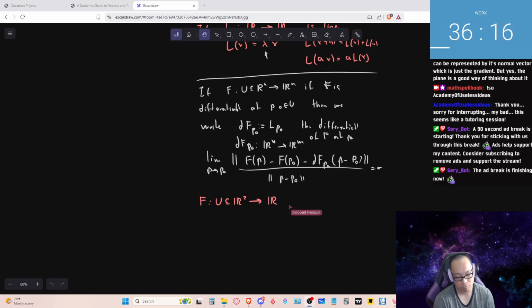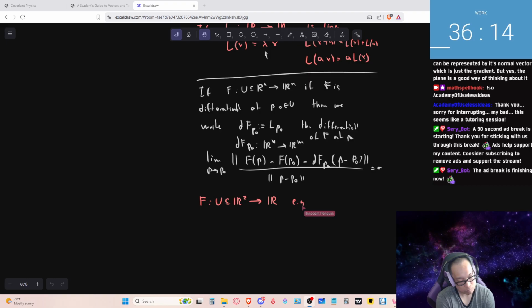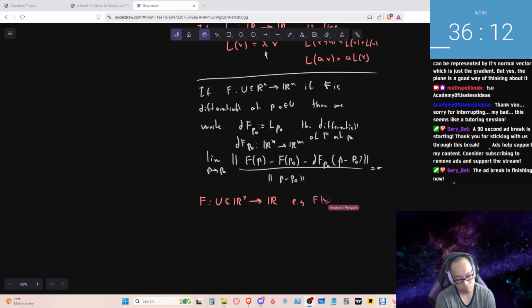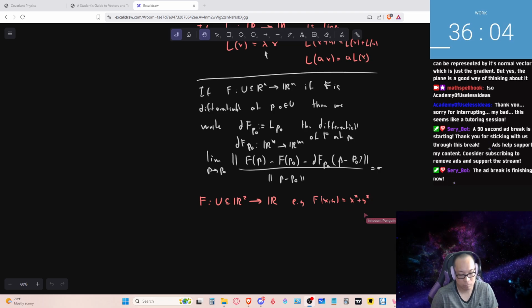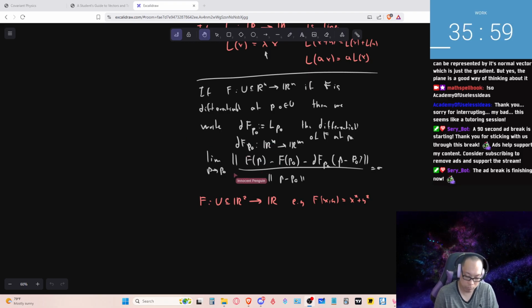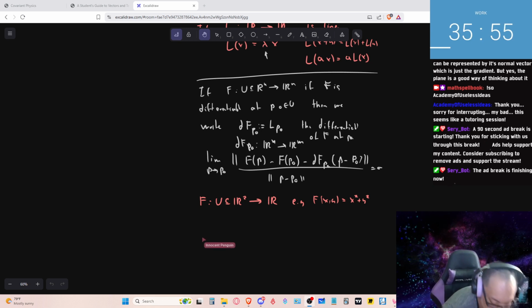So for example, an example of such a function would be f that takes x and y in the xy plane and sends it to x squared plus y squared. Maybe we can draw a picture of this map.